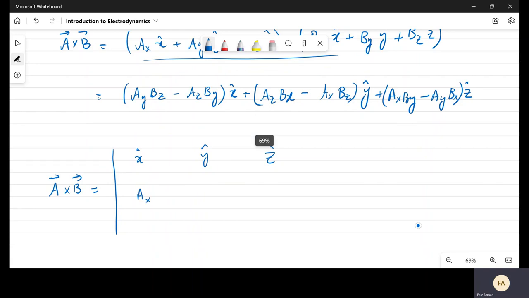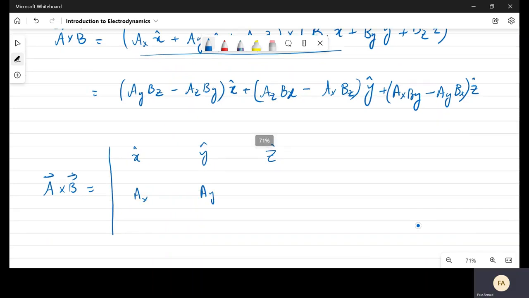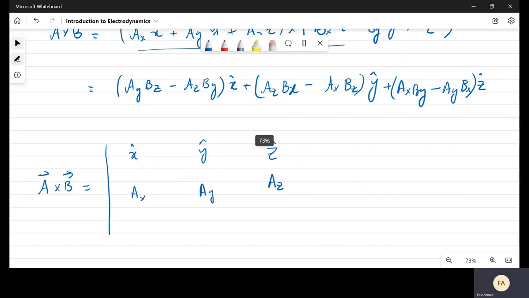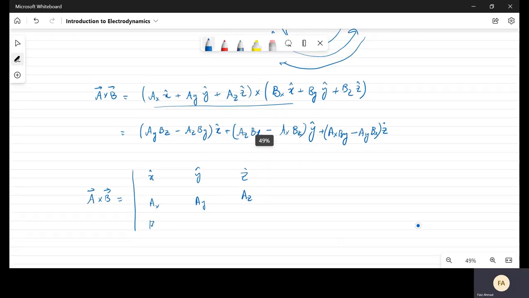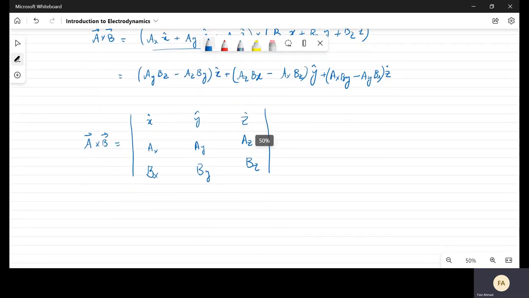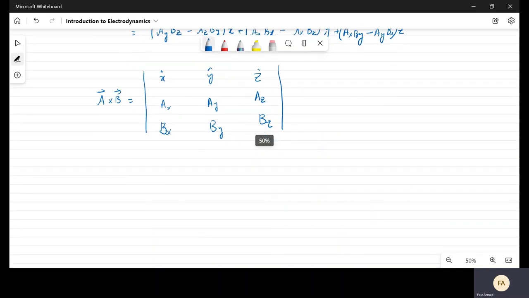Then we put ax, ay, az, and bx, by, bz, the corresponding components, for A in the second row and for B in the third row. And determinant, we know how to find.